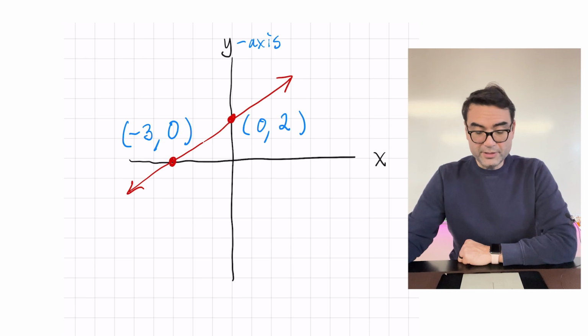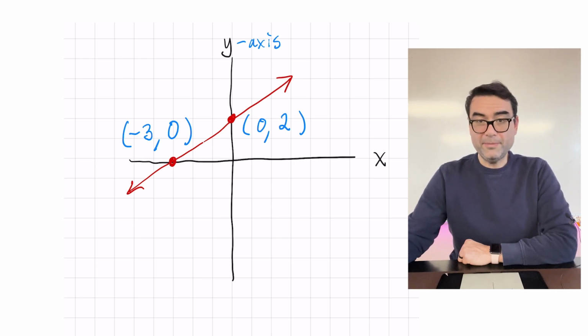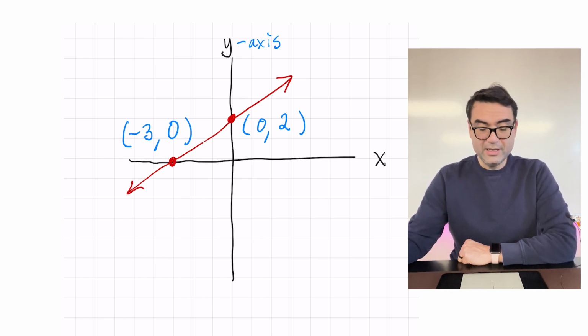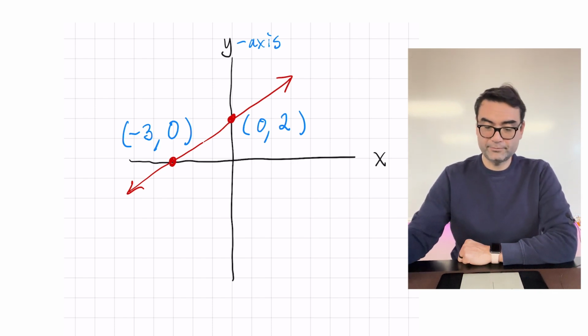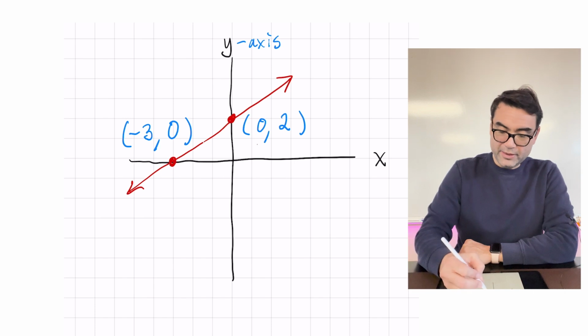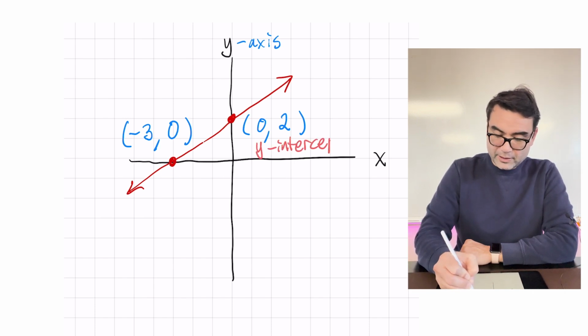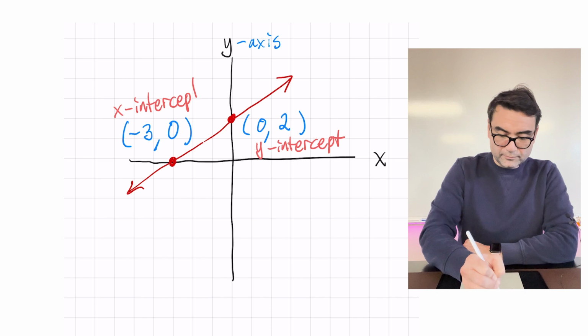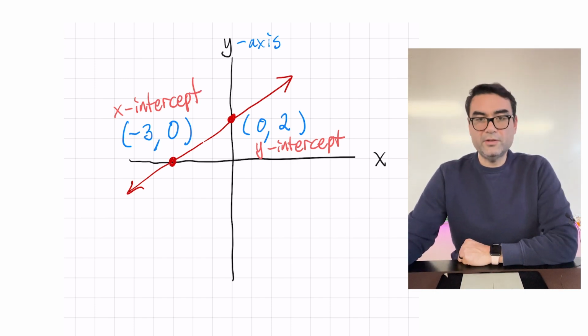So something to note is that the y-intercept is 0, a y-axis value, and the x-intercept is of the form the x-intercept value, 0. So again, this is known as the y-intercept, and this is known as the x-intercept. So let's go a little further.